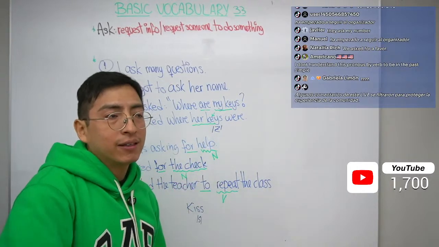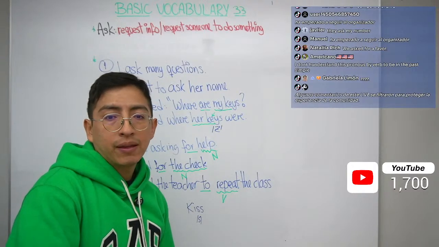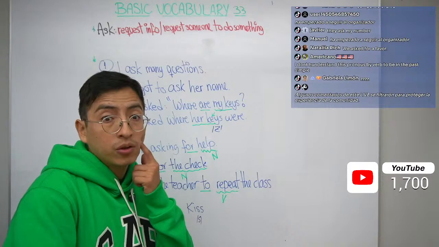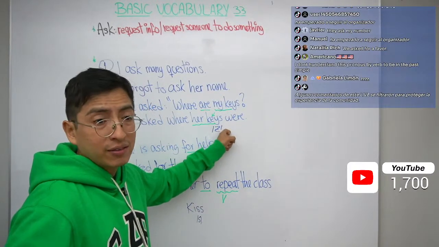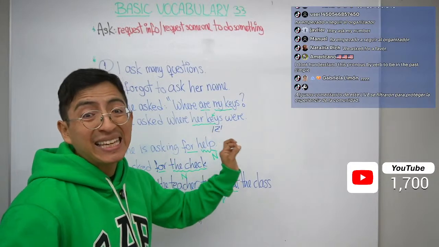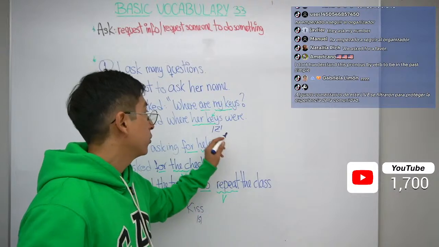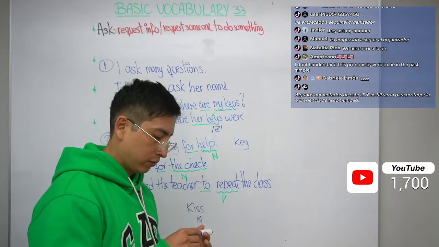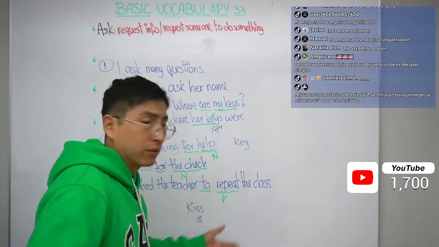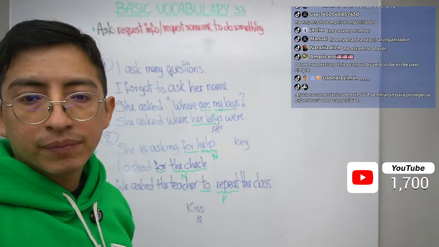But if I say, for example, give me a keys, I'm talking about this. Why? Because we never say a key in plural. Give me a key. If you want to talk about just one, we don't use keys. We use key. So that is the difference.